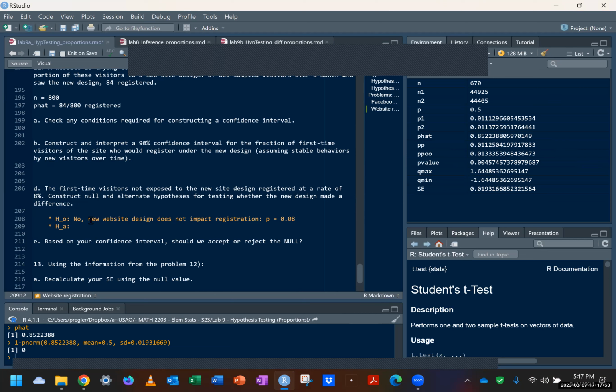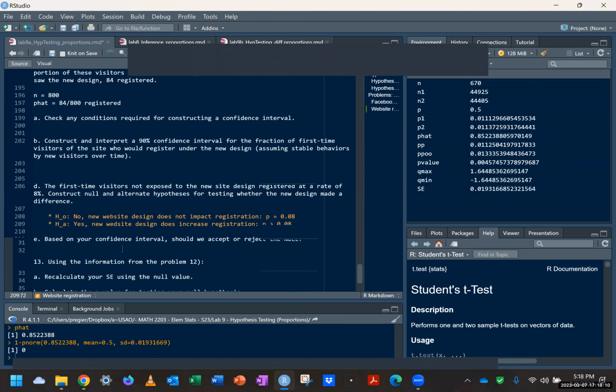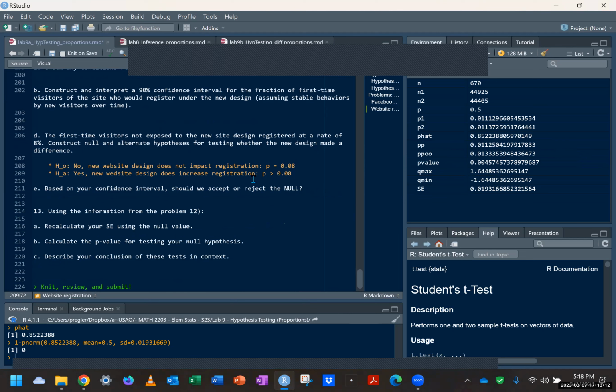But the alternate would say, yeah, new website design does increase registration. So then we would say p is greater than 0.08. Then you could find your confidence interval, interpret this, and find out what our p-values are.